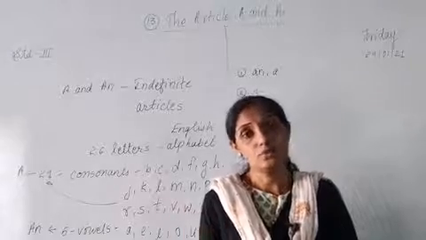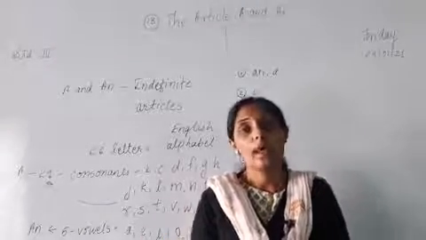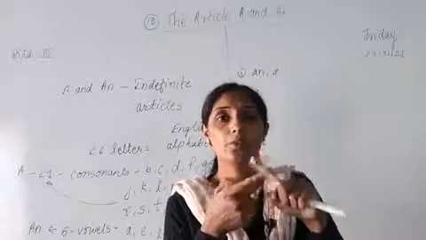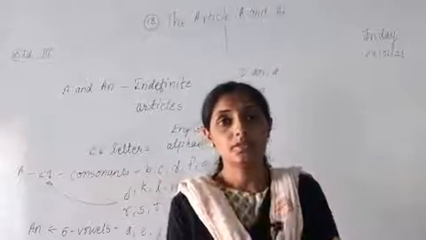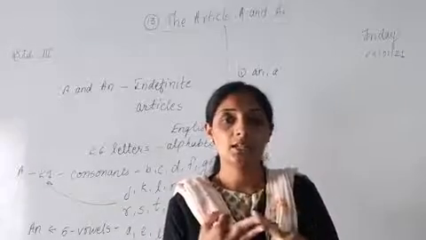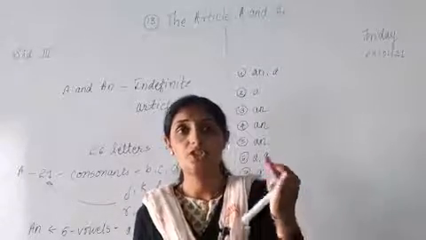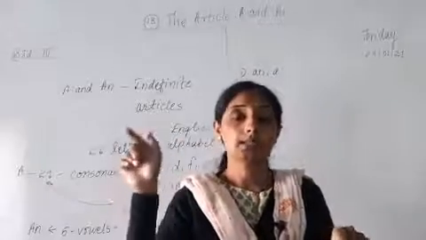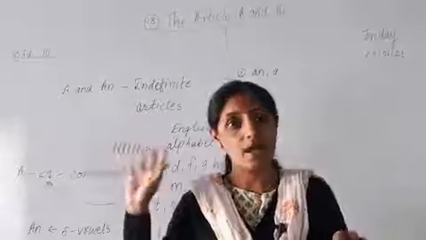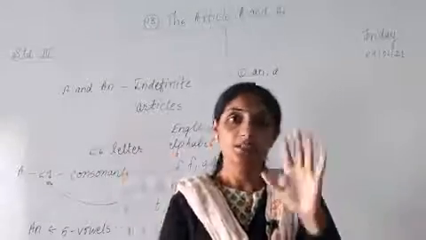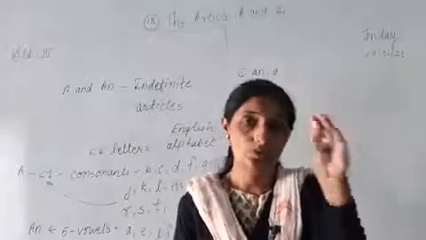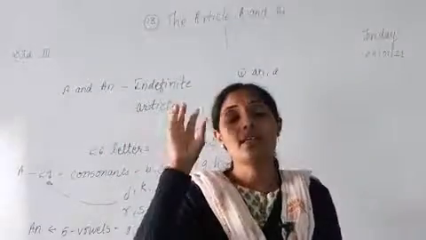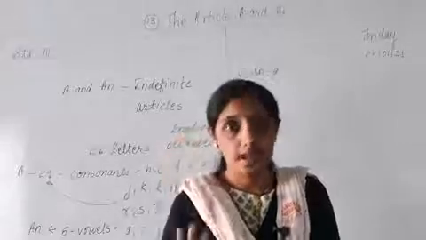An is used before vowel words, which are A, E, I, O, U. Consonant words start with B, C, D, F, G, H, J, K, L, M, N, P, Q, R, S, T, V, W, X, Y, Z. Understood? Keep in mind there are 21 consonants. Before consonant words we use a, and there are 5 vowels, before which we use an.